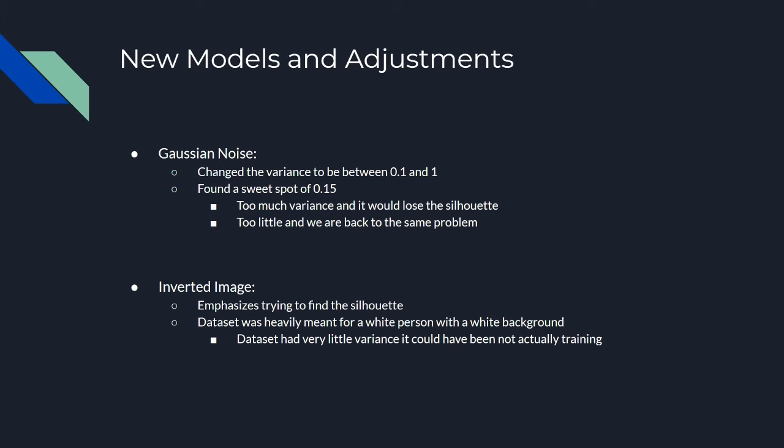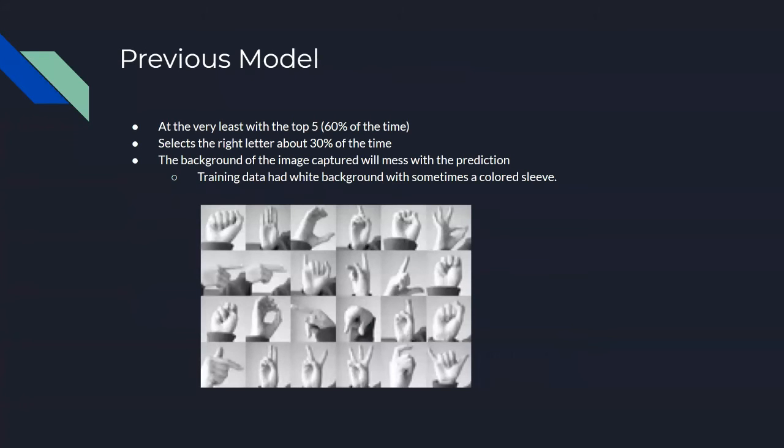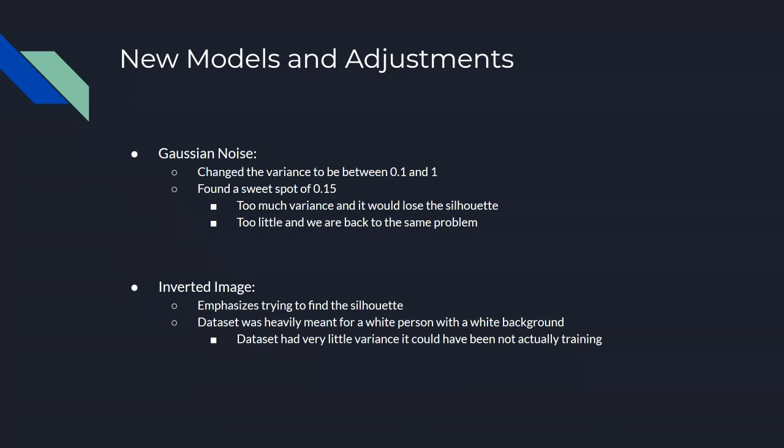Because as Nia just said, the data set is really just a white person and a white background. That would mess with the training in general. If you're a Black person or someone who has darker skin, it's probably not going to predict you as accurately as a white person.